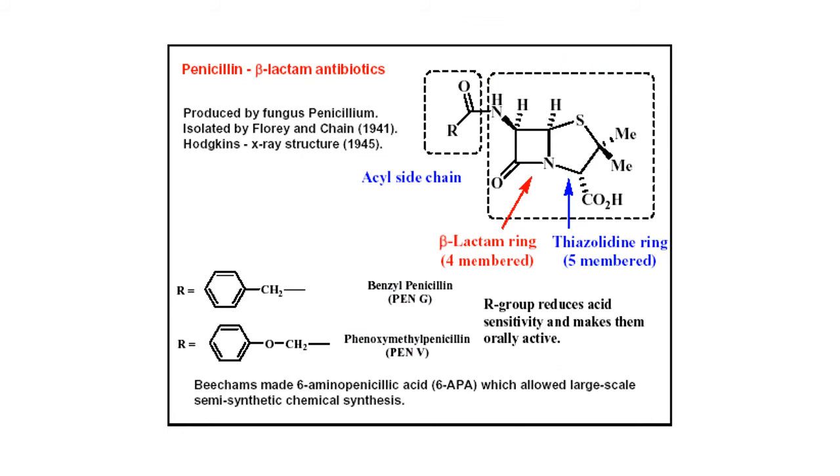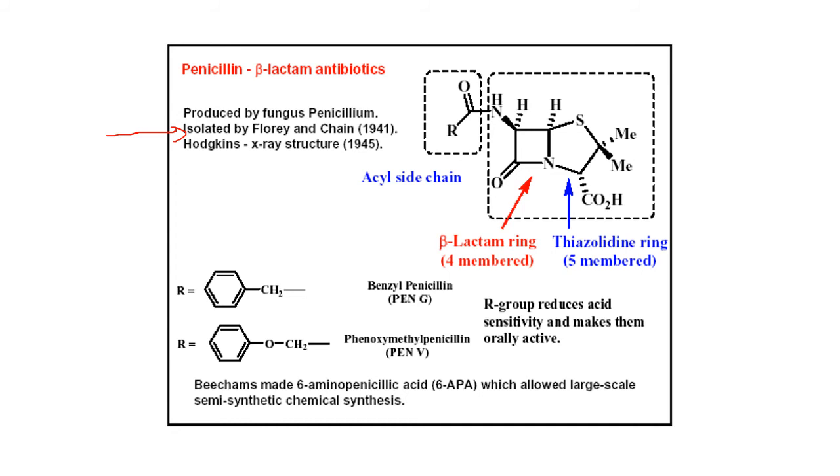So just a little bit of discussion about penicillins. They're a very important class of antibiotic, first discovered, of course, back in 1928, but importantly isolated, and then a large-scale manufacture of the biological synthetic process was worked out by Florey and Chain. Interestingly, Dorothy Hodgkin in 1945 worked out their X-ray structure.